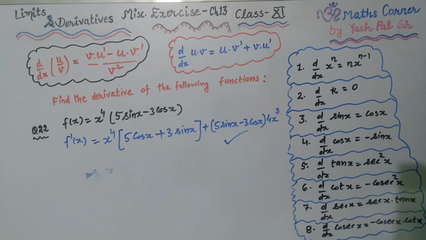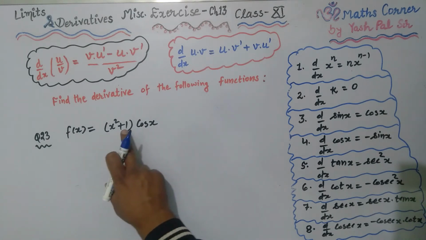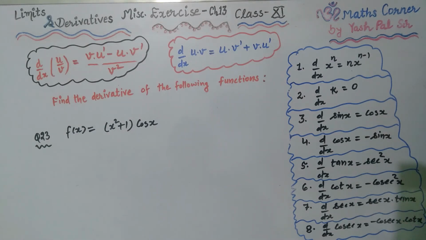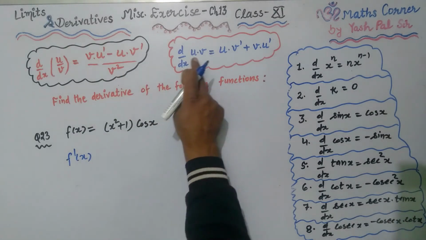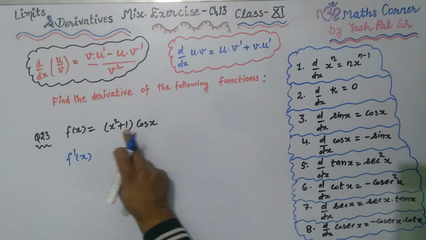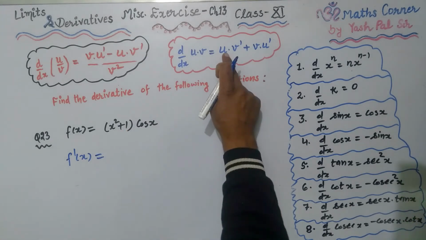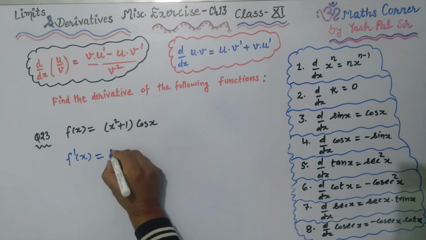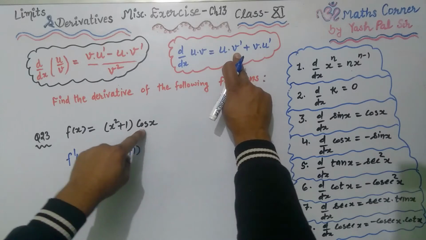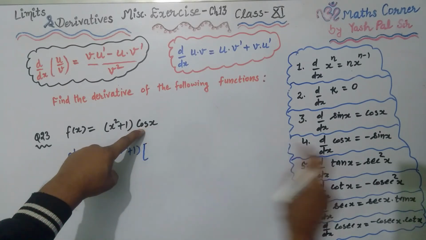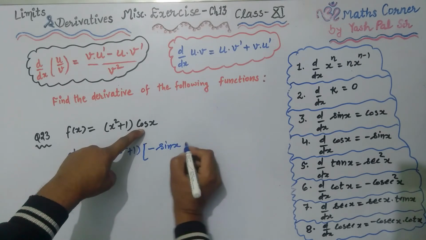Now next question, question number 23. f of x is equal to x square plus 1 into cos of x. Again f dash x, u into v, u is x square plus 1, v is cos x. So f dash x becomes u, x square plus 1, into v dash, derivative of cos x, which is equal to minus sin x.